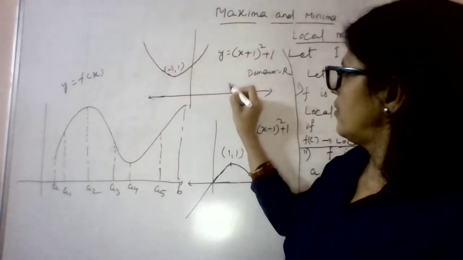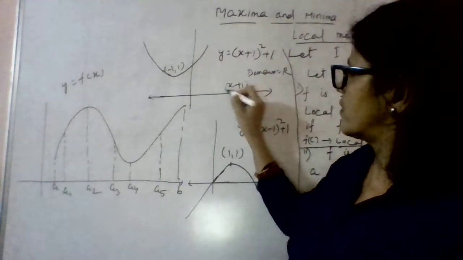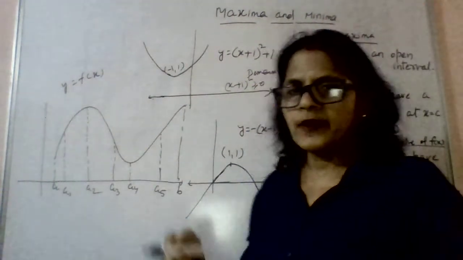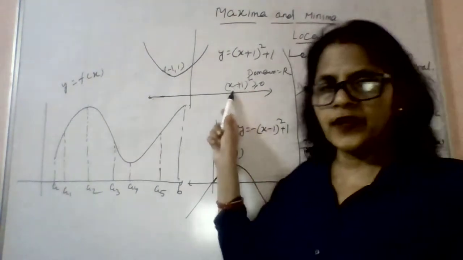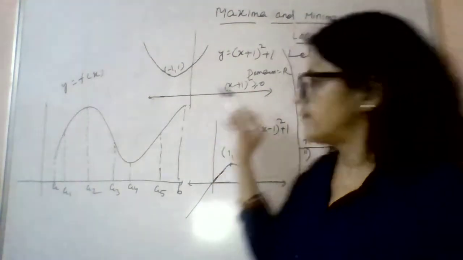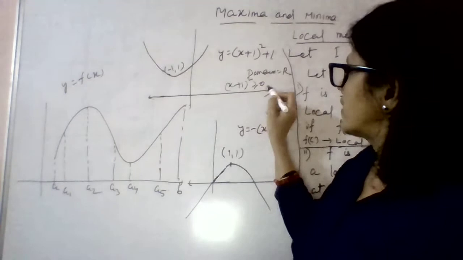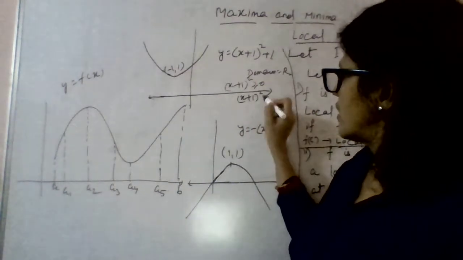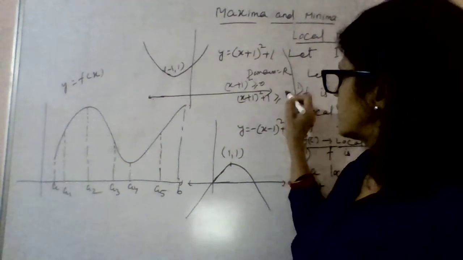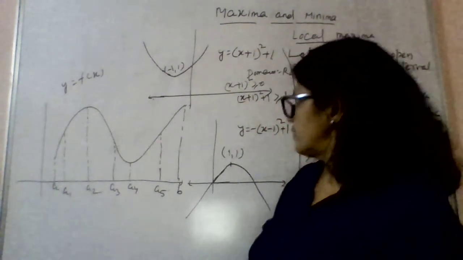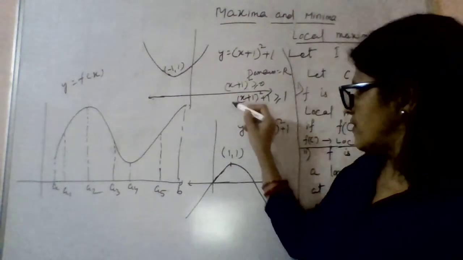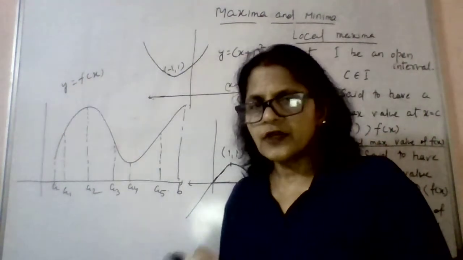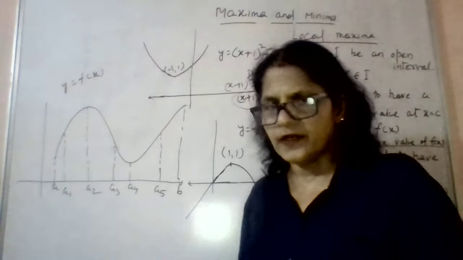As you know, (x plus 1) whole square is greater than or equal to 0, because being a perfect square, it cannot be negative. So (x plus 1) whole square plus 1 will be greater than or equal to 1. It means the value of this function is greater than or equal to 1, so the minimum value is 1.